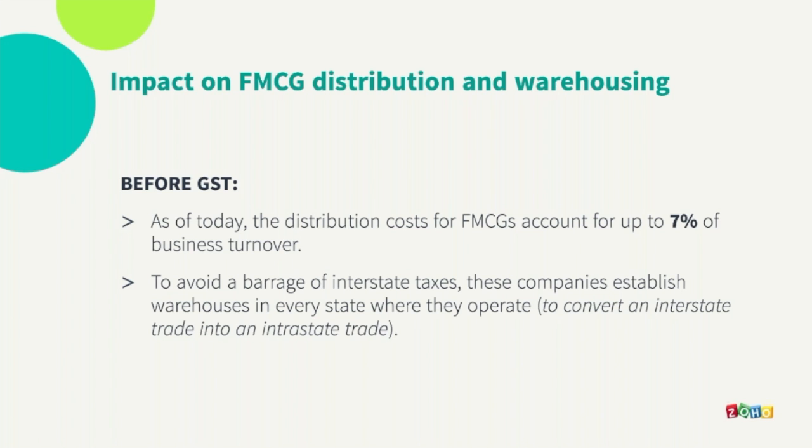And besides that, the additional checks and the paperwork required for such a transaction are also complex and unique to different states. So all these complexities have actually forced the vendors to set up multiple distribution centers.